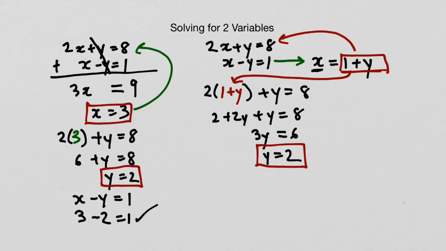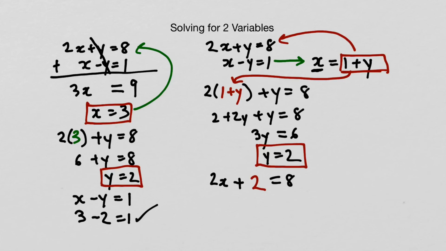We're going to take the value of y and plug that back into one of the two equations. So let's take the first equation and say 2x plus 2 for y equals 8.